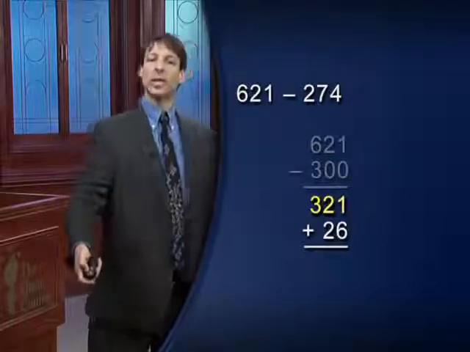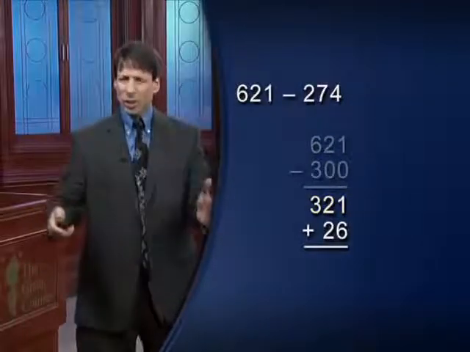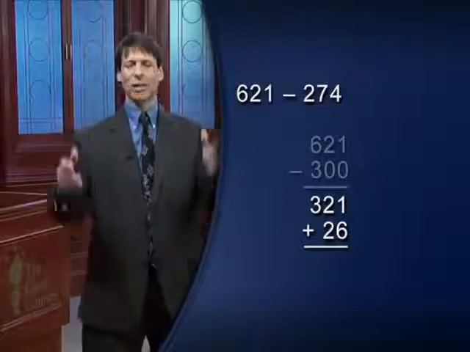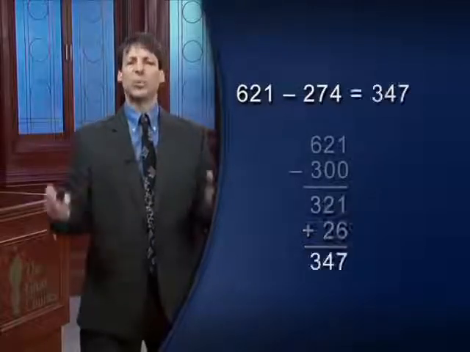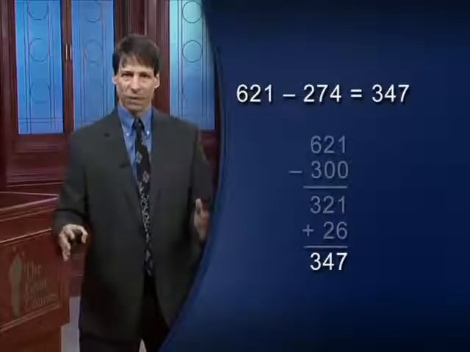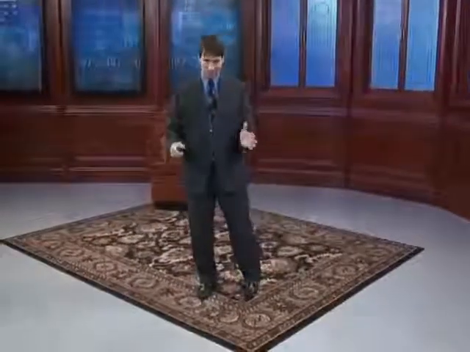When you add back 26, you get 321 plus 26 from left to right, which is 347. I personally think that it's easier to do this problem mentally using complements than by the pencil and paper method. We are turning a hard subtraction problem into an easy addition problem.